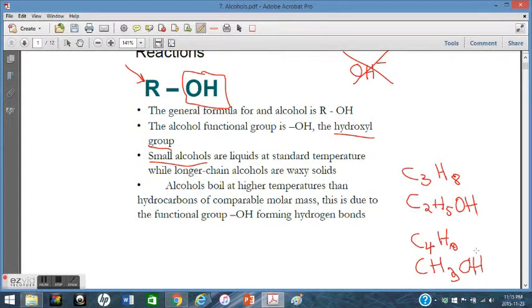Anyways, if you compare those, again, look it up on Wikipedia, find boiling points. You're going to see that in all of the cases, in fact, the alcohols will have a higher boiling point. This is due to the fact we have this OH group forming hydrogen bonds.